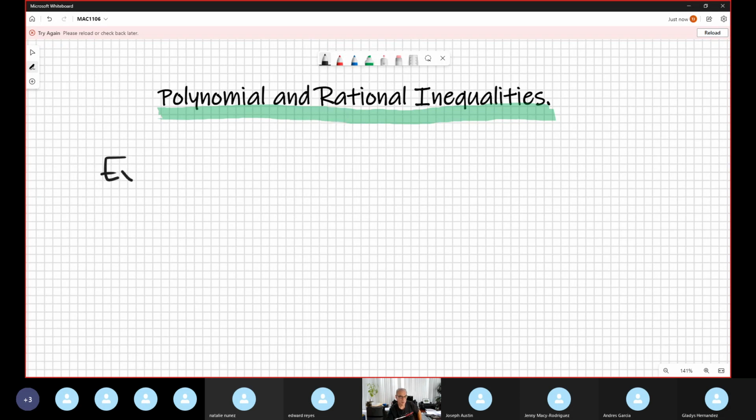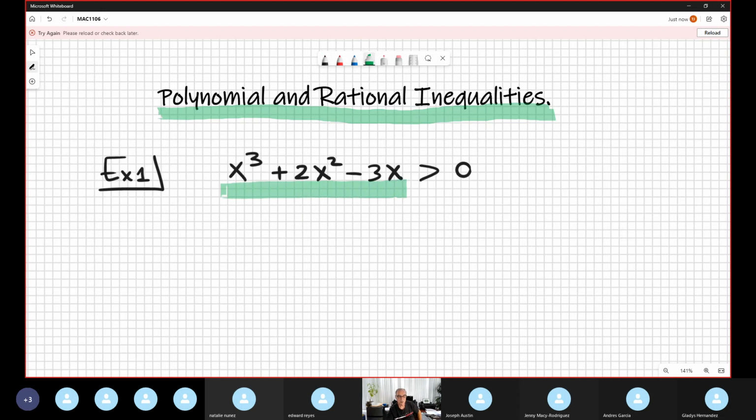Suppose example one. Example one is x cubed plus 2x squared minus 3x greater than 0. So you see, clear like water, this is a polynomial. And the right hand side always must be 0.